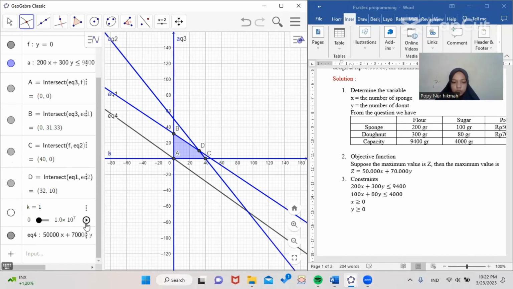To find the maximum value, we have to see the last vertex that meets the equation of the objective function.